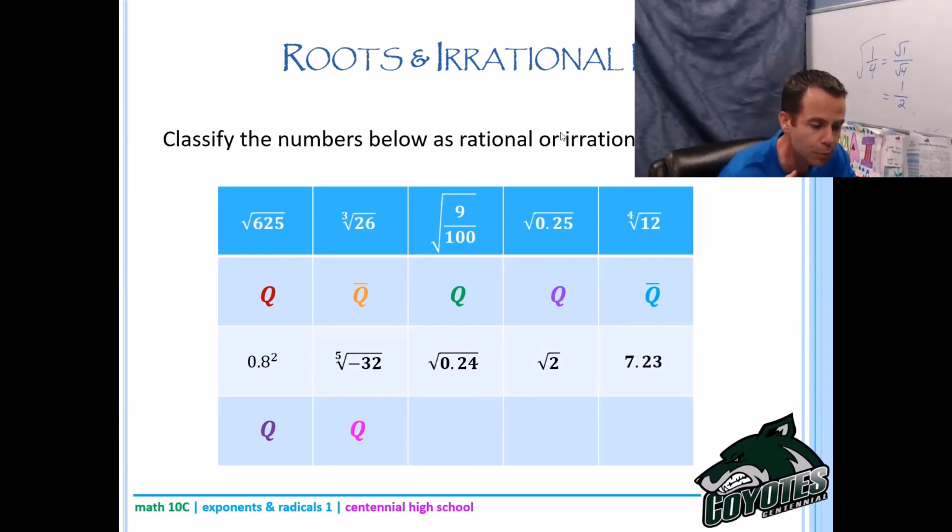It is 0.4898979486 for those who want to check if you did it in your calculator right. That would be irrational. Root 2 is also a non-repeating, non-terminating decimal, so it would be irrational. And then 7.23, that terminates, so it's rational. Okay?